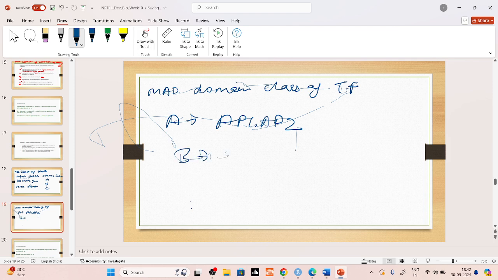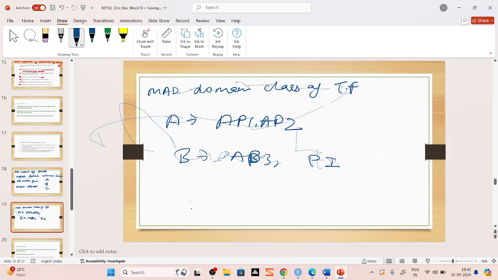B function is provided by two MADS box genes, which are known as Apetala 3 and Pistillata, which is known as PI. I think it's better not to write because it's really horrible. And C function is provided by Agamous, which is known as AG.